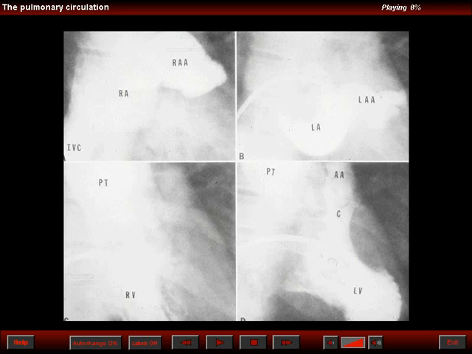In this angiogram, we can see evidence of corrected transposition of the great arteries. The bottom right shows the ascending aorta to the left and ventral to the pulmonary trunk, arising from the arterial ventricle.